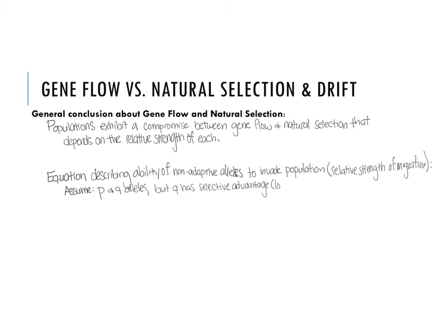It's a local adaptation, and it's currently fixed in the population. All right, so what would it take for the P allele to invade?